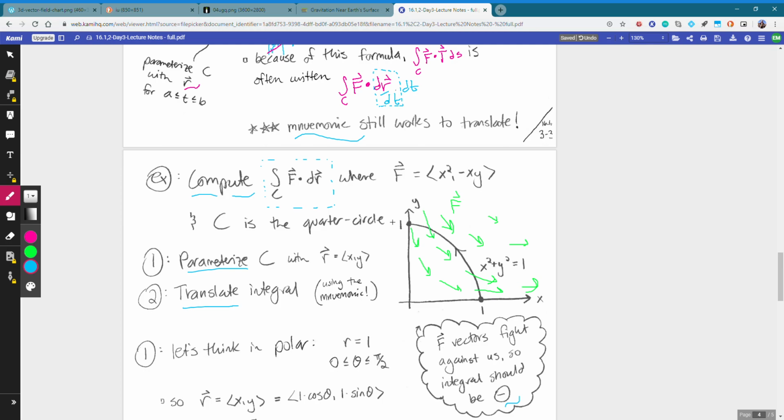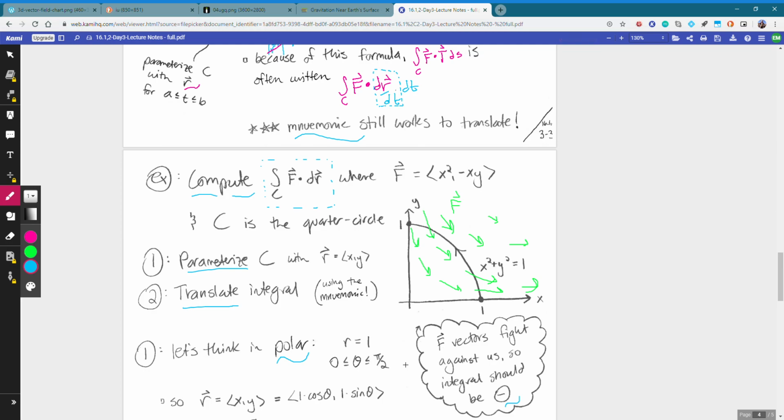Since this is a nice quarter of a circle, to parameterize our curve, I think polar makes a lot of sense. The description of this circle, that outer edge we're moving across, is just given by r equals 1, since the radius of our circle is 1. And the angles we're using, we want to start at theta equals 0 and move up to theta equals pi over 2.